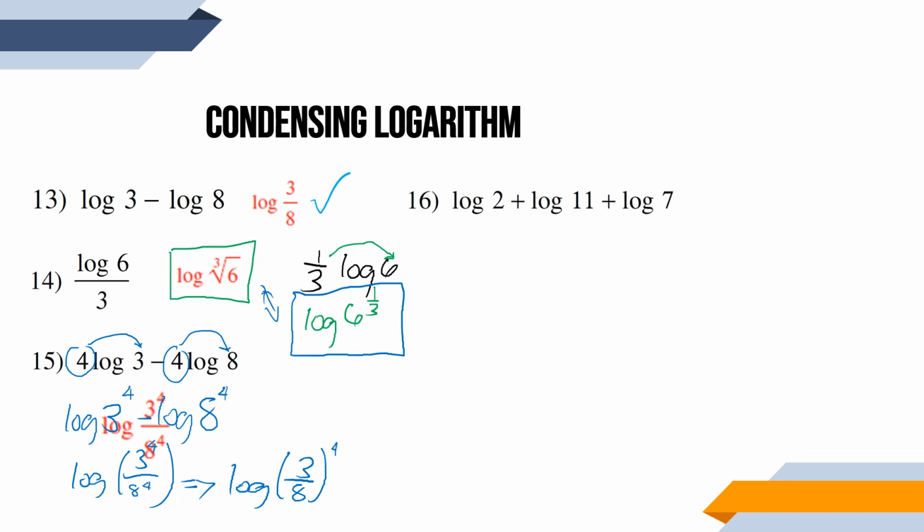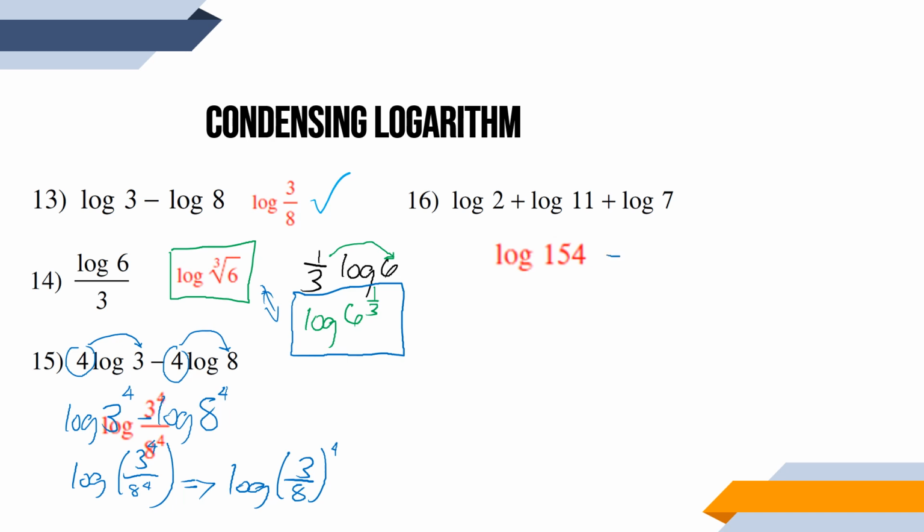I think we still have items here. Alright. And this will be the last one. So, you have log of 2 plus log 11 plus log 7. So, this is just a series of addition. So, again, since we are adding logarithms, we're going to multiply. So, this will give us log of 154.